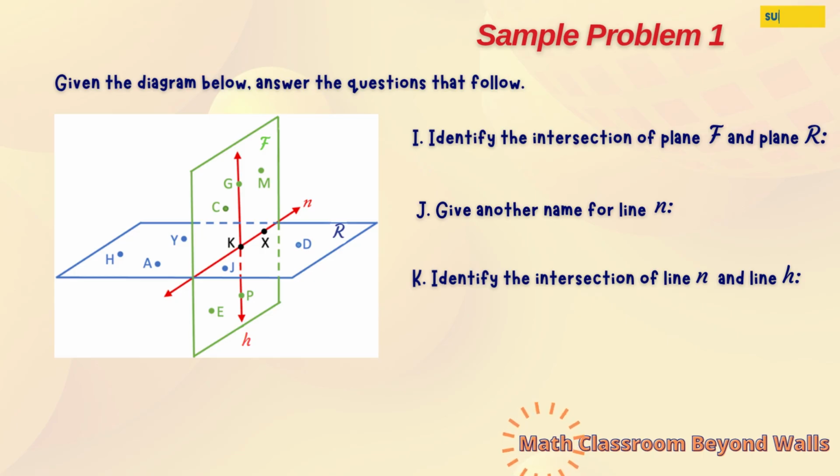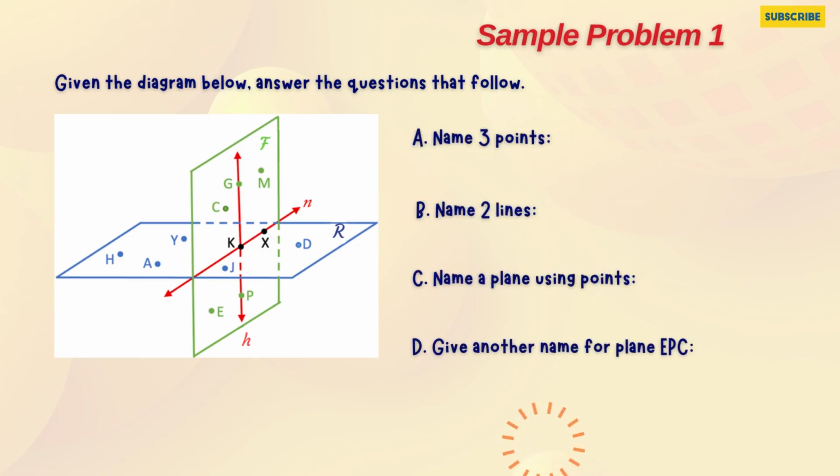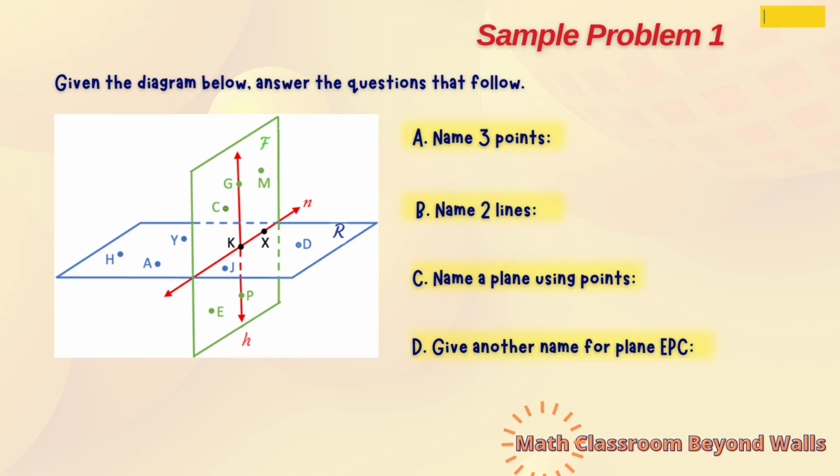As usual, we begin by reading the problem to know what we're looking for and examine what are given to figure out how the given information help find what we're looking for. Here, we're asked to answer several questions and we are given a diagram. The diagram consists of intersecting planes, lines, and lots of points.